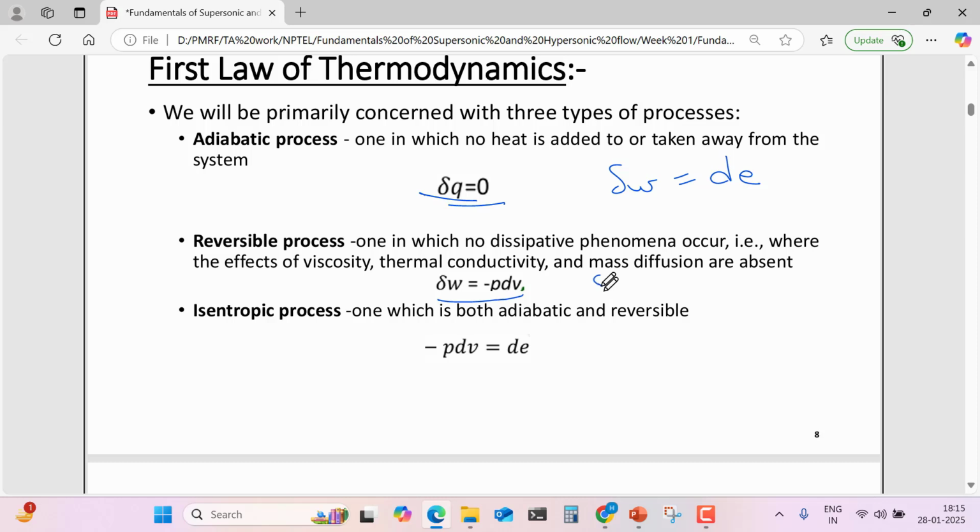So for a reversible process, del Q minus P dV equal to dE. And when a process is both adiabatic and reversible, then it is called an isentropic process. In this case, the entropy will remain constant, ds equal to 0. So minus P dV equal to dE.